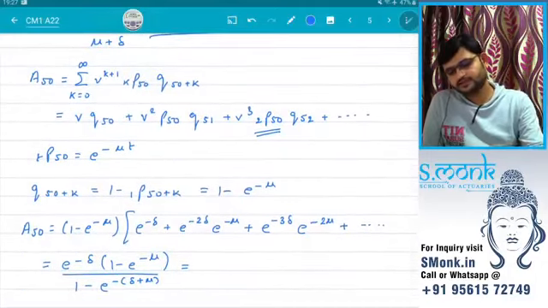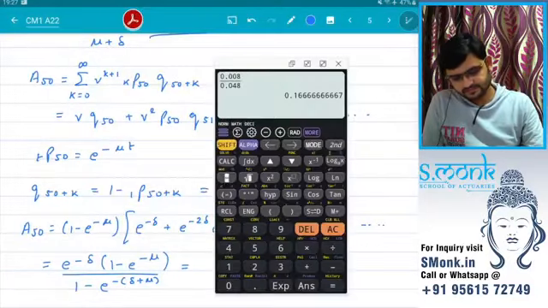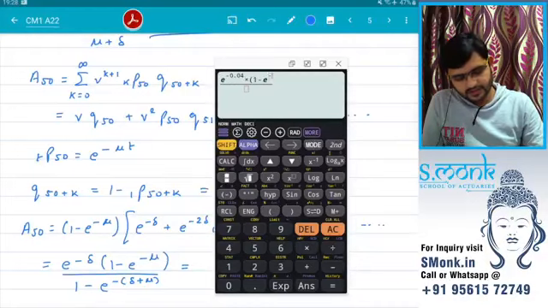Let's see what we get here: delta is 0.04, into 1 minus e raised to minus mu, 0.008, over 1 minus e raised to minus (delta plus mu), that would be 0.048.